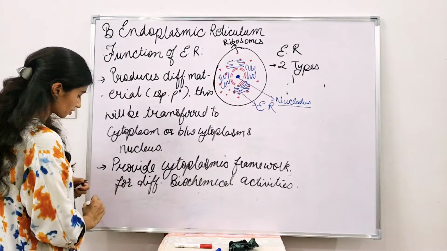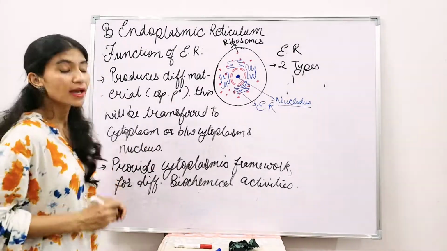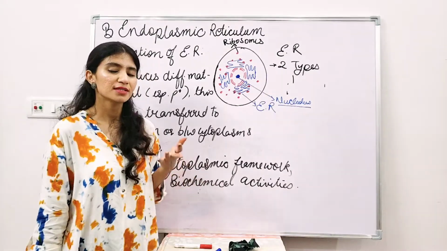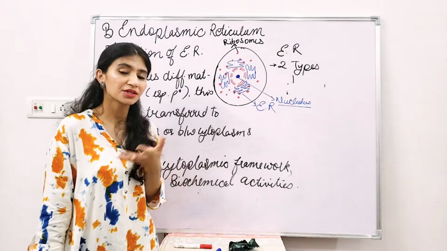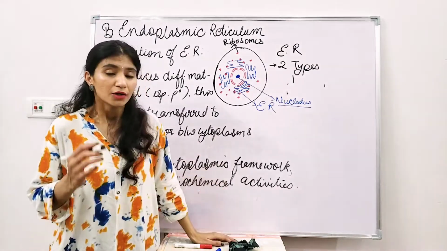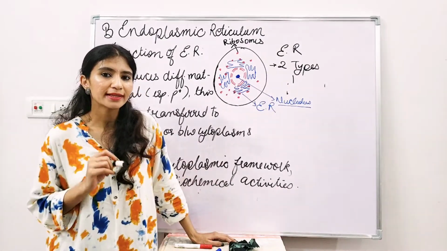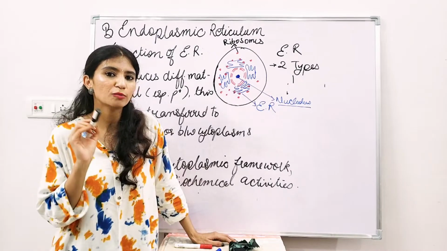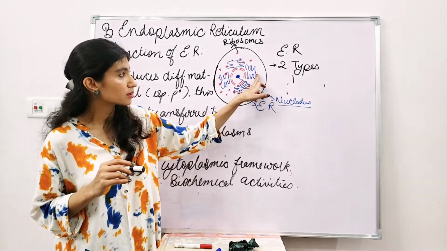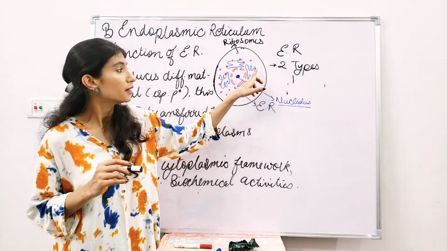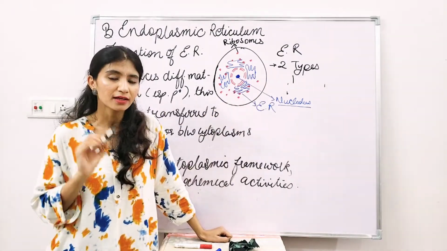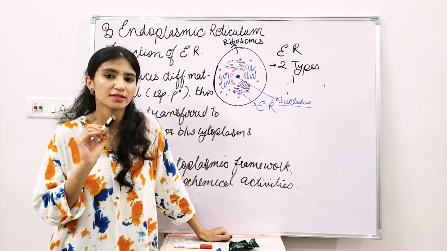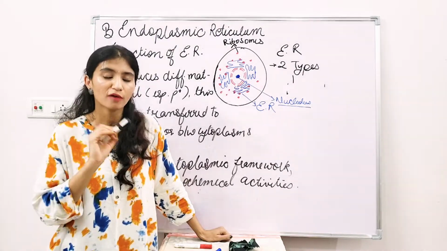So we have discussed two functions so far. Now what about the other function? There is one more function. As I told you, each and every cell has all these organelles present in them. The same ER is present in each and every cell. Talking about the liver cell, the smooth endoplasmic reticulum present in the liver actually detoxifies a high amount of poison and drugs from the body or from the liver.